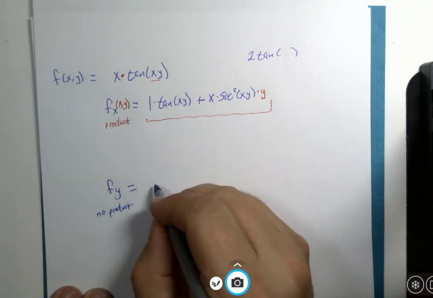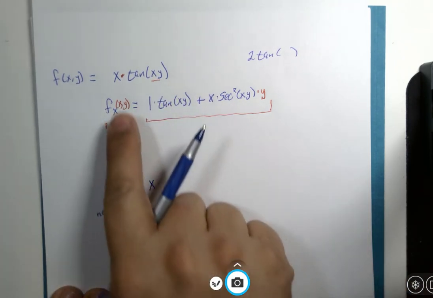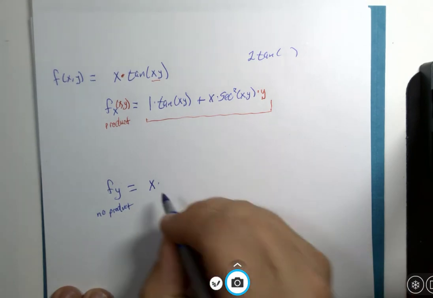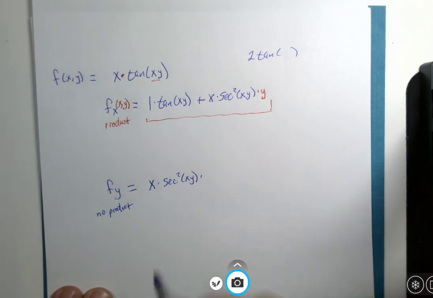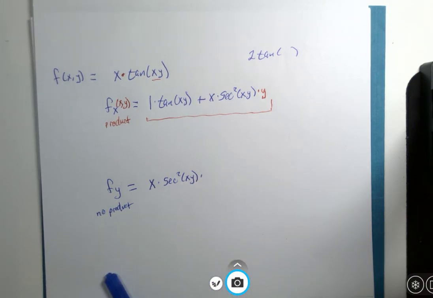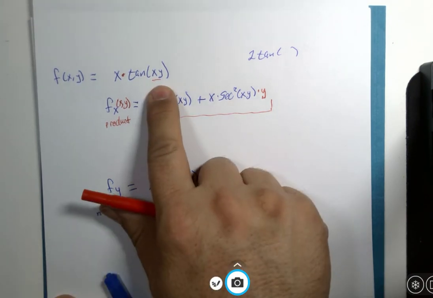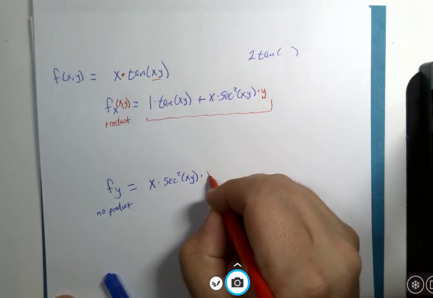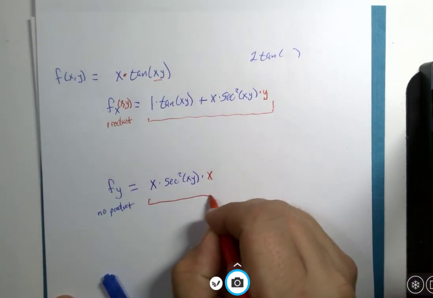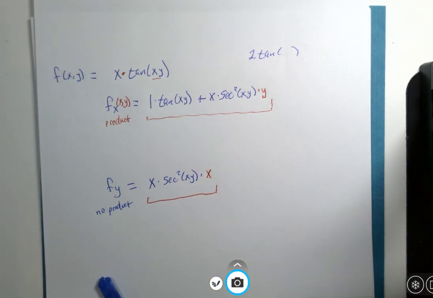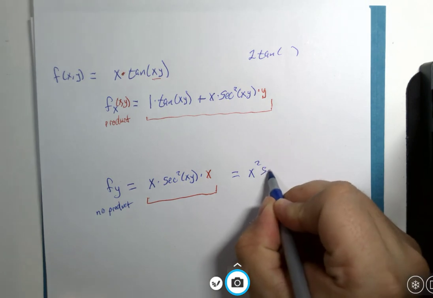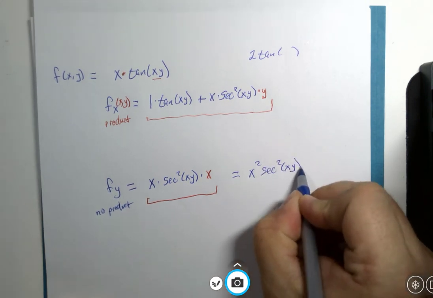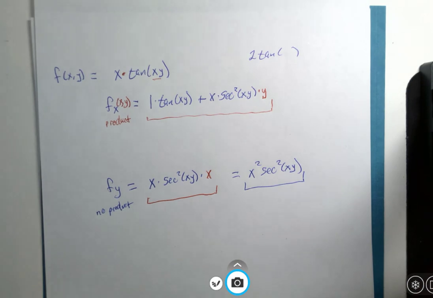The derivative of this is just going to be x times the derivative of whatever tangent is, which is secant squared of xy, multiplied by, if y is the variable, the derivative of y is 1, leaving me with just an x. Okay, I'll honor the algebra teacher this time. That probably is the cleanest way to leave it.